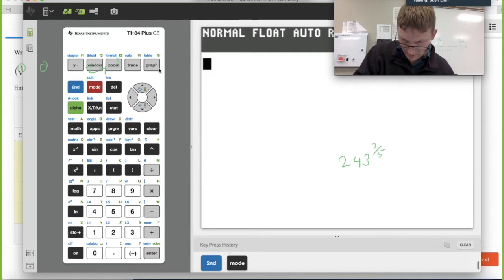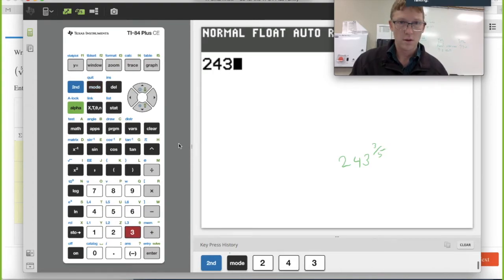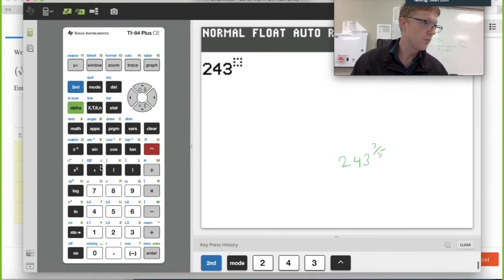I'm going to get rid of all this stuff so that you can actually see the calculator. So to enter that into your calculator, you're just going to type in 243. And remember this little guy, this is raised to the power of. Now, your calculators kind of give you this little exponent thing here. My old one doesn't.